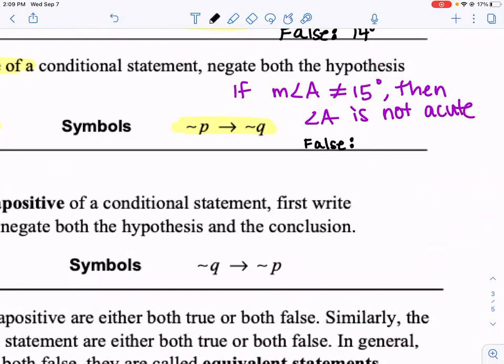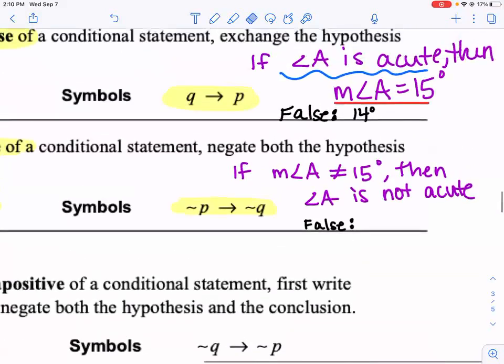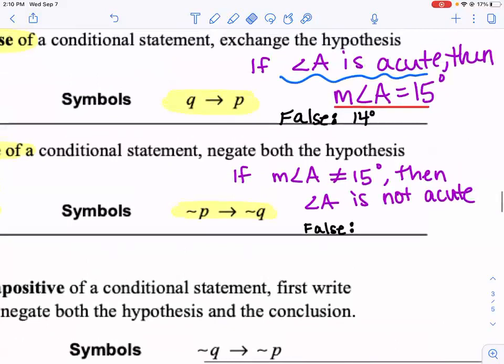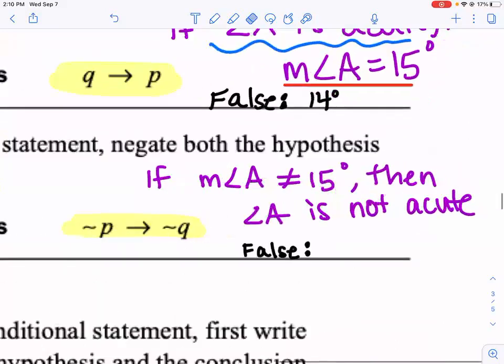I need an angle that is not 15 but is not acute. 139. But it's false.